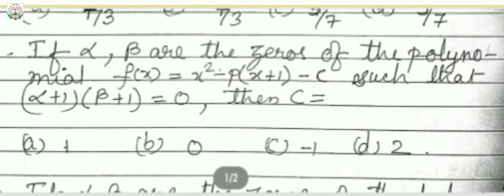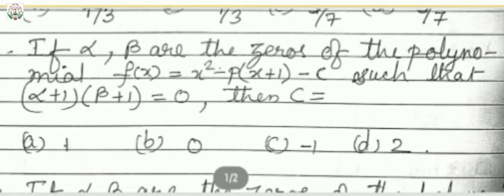Okay, once again I am telling, this polynomial is compared with the quadratic polynomial ax square plus bx plus c. In that case, here you can see the value of a is 1, b is minus p, and c is minus p minus c.